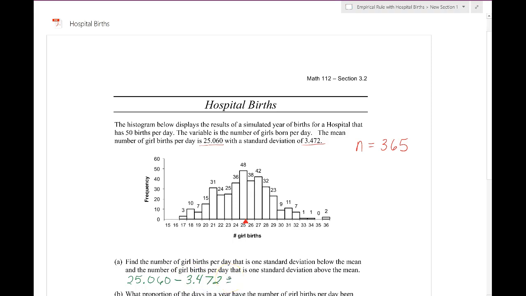That gives me 21.588 girl births per day.